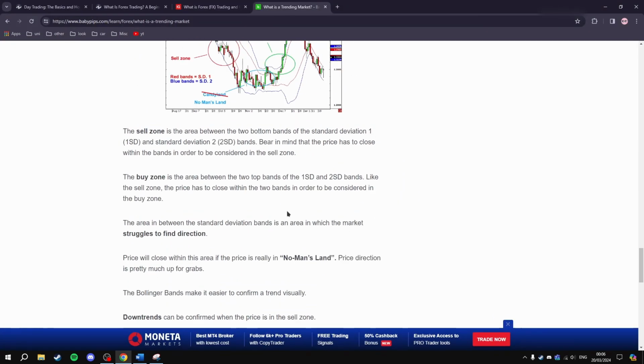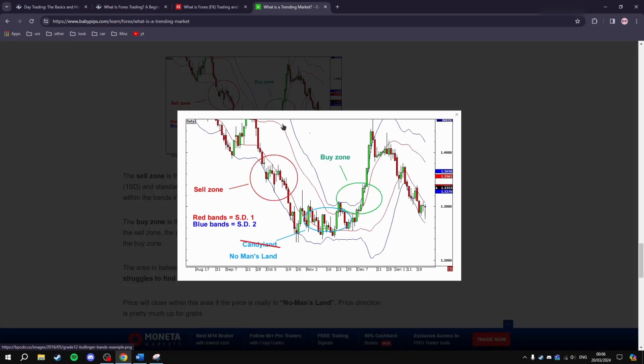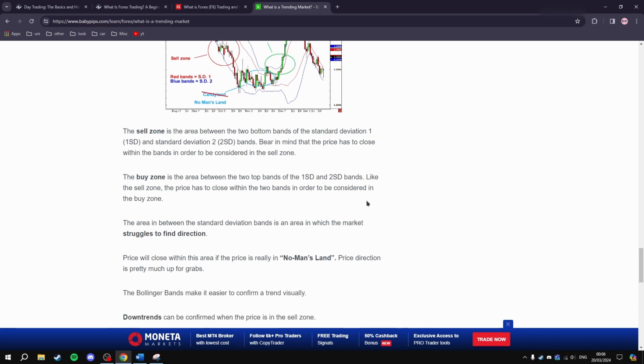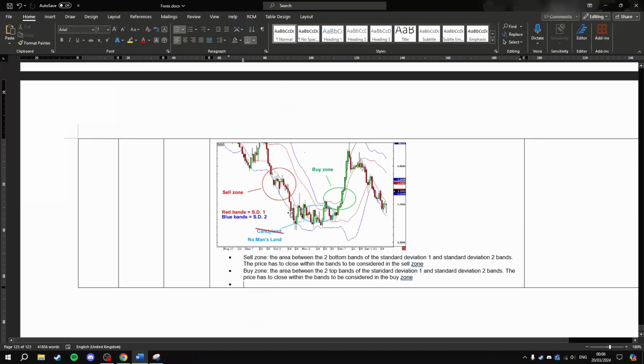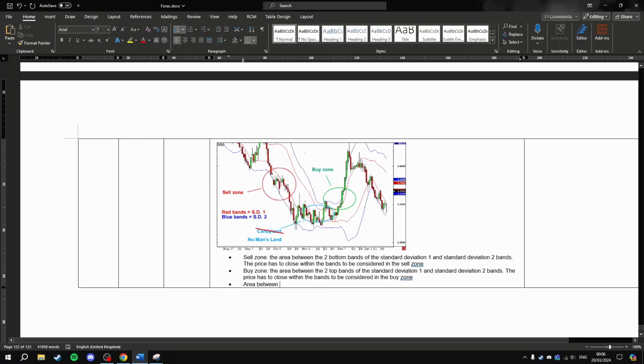The area in between the standard deviation bands, just between the middle standard deviation 1 bands.